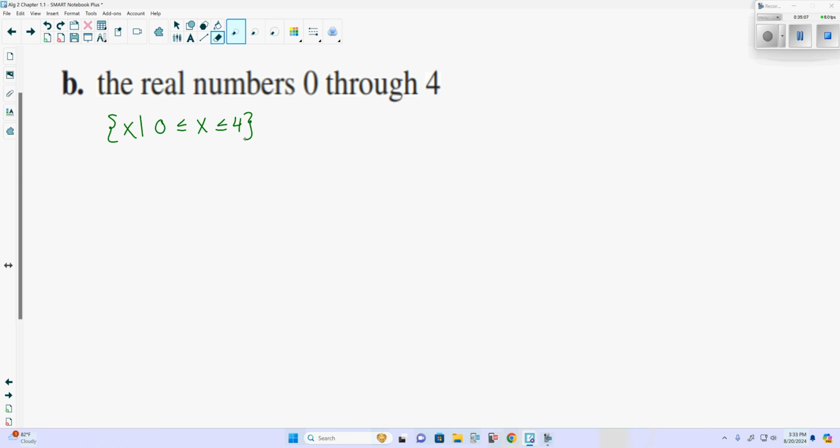No. Because the number of numbers between 0 and 1, let alone 0 and 4, is infinite. Wait, so you're telling me the numbers between 0 and infinite are even more? Well, yes, or 0 and 1. Because what we could do is put 1 over all of our positive numbers, because 1 over 1 would be 1, then we'd have 1 over 2, 1 over 3, 1 over 4, continuing on.